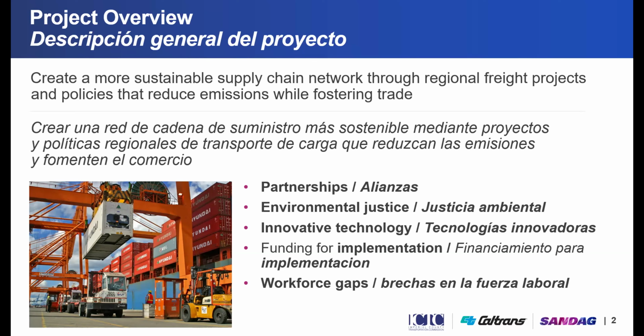The objectives are to develop and strengthen partnerships between public agencies and the private sector, address environmental concerns from freight impacts, pilot innovative technologies, and identify state, federal, and additional funding sources for implementation of these strategies. And we also intend to address workforce development gaps by the implementation of these new technologies. Next slide, please.